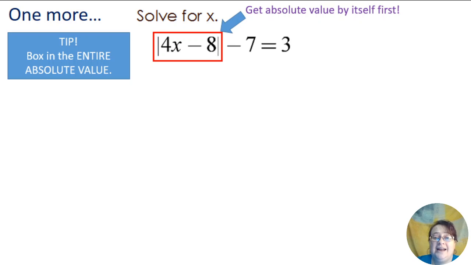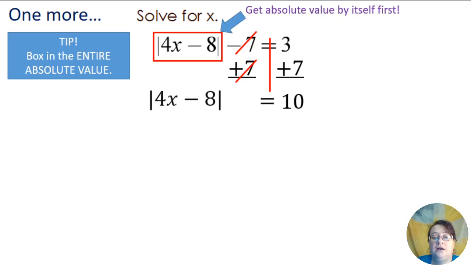I see that I have a minus 7, so to get rid of it, I need to do plus 7 on both sides. My 7's cancel. On the right, 3 plus 7 is 10. Back on the left, that absolute value of 4x minus 8 is going to be equal to 10.